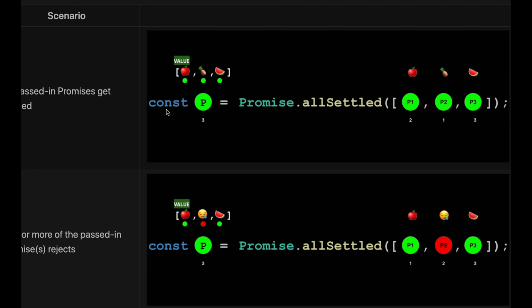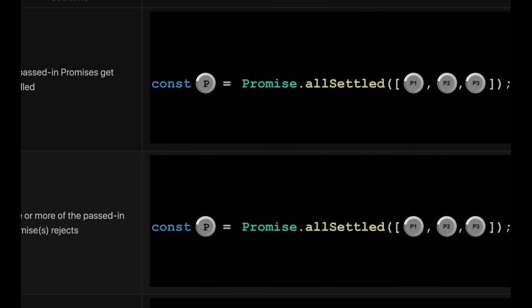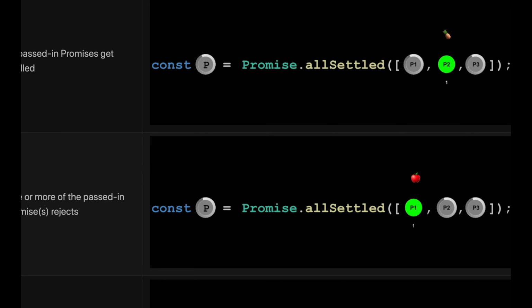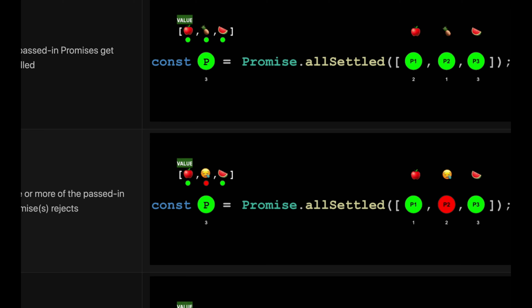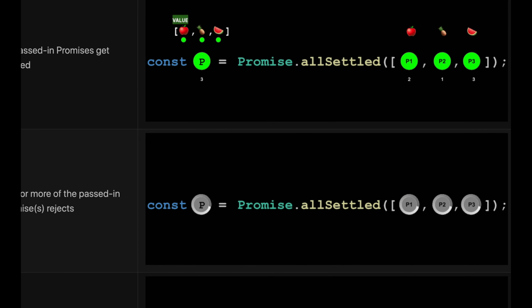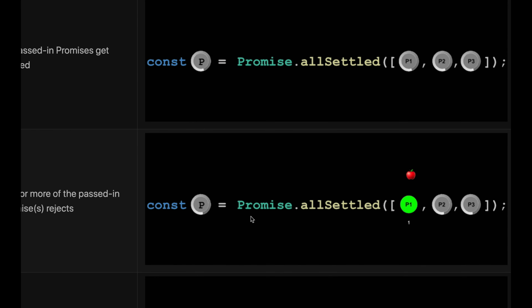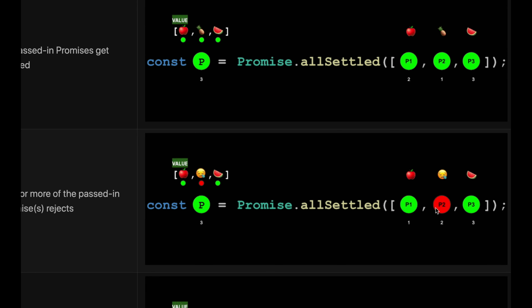Now let's look at the second case, where one or more of the passed in promises get rejected. In the visual representation, all promises are in the pending state. P1 gets fulfilled, and then P2 gets rejected, and P3 gets fulfilled.